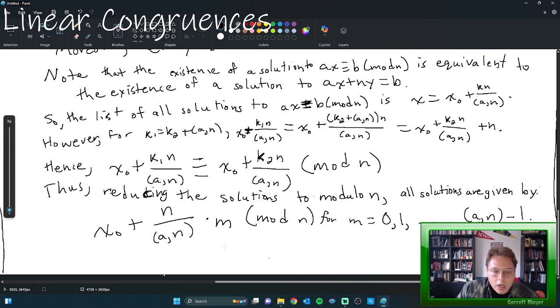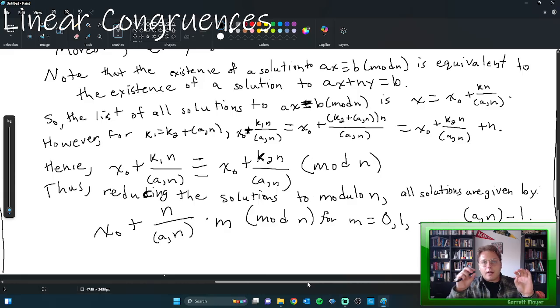That's okay. So we found that this list is exactly GCD of A and N long, so that means there's that many solutions in that interval. But now we want to convert that to the canonical complete residue system mod N. I'm hinting at the way I'm going to prove this. The point is that the interval of x naught through x naught plus n minus 1 is a complete residue system.